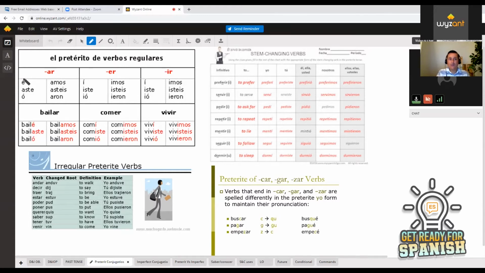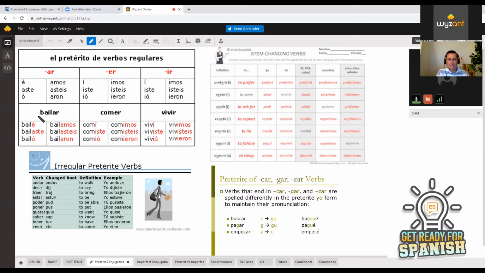For I, you're gonna remove the AR of the verb, you're gonna put an é. For tú, you're gonna put aste, ó, amos, asteis, aron. For ER verbs, it will be í, iste, ió, imos, isteis, ieron. And for IR, it's exactly the same. Okay, ER and IR conjugate exactly the same in this case.